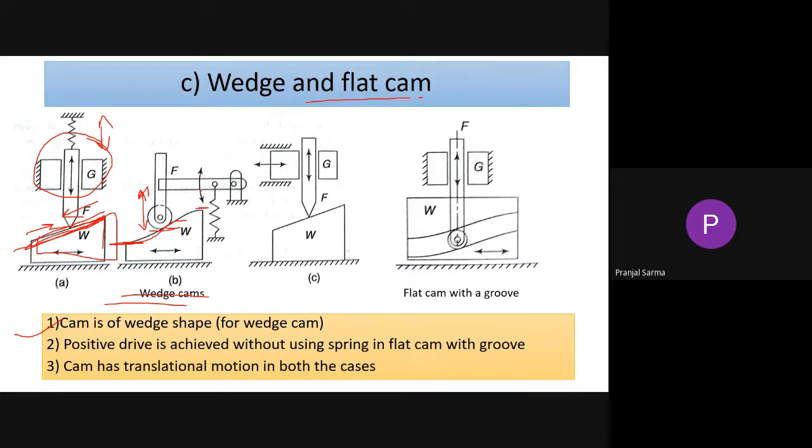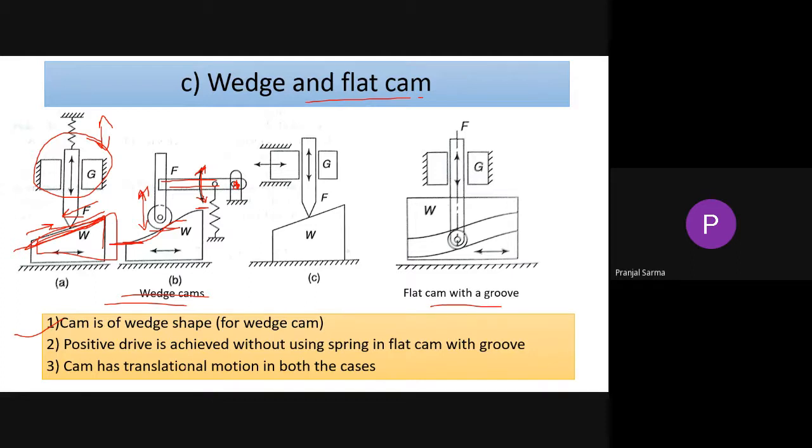As this bar is pivoted at this particular location, it will oscillate, not reciprocate, sorry. Similar is the case for the other cases. Similarly we can have flat faces, flat cam with groove, and so on.